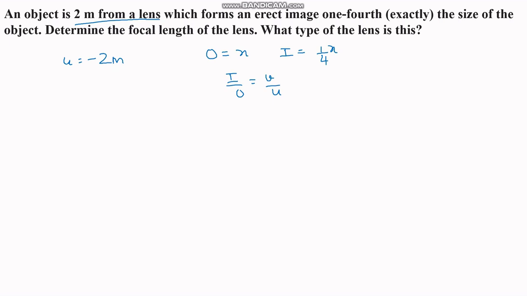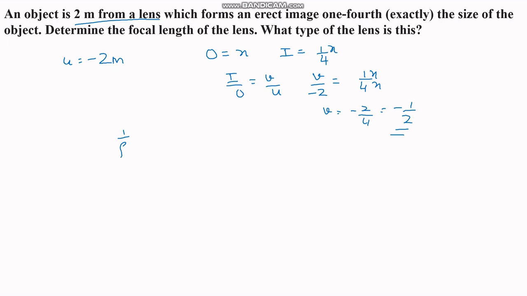This means I can write v upon minus 2 is equal to 1 by 4 x upon x. This means I get v is equal to minus 2 upon 4, is equal to minus 1 by 2, right? So this is the image distance, minus 1 by 2.